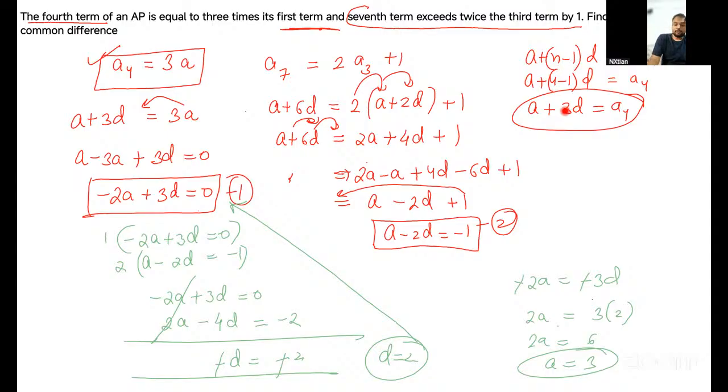So that's why I wrote 6d. Now if A3 is there, what will be the value of n then? 3. So I will write 3 here. 3 minus 1. What is 3 minus 1? 2. So I will write 2d here. Like that.